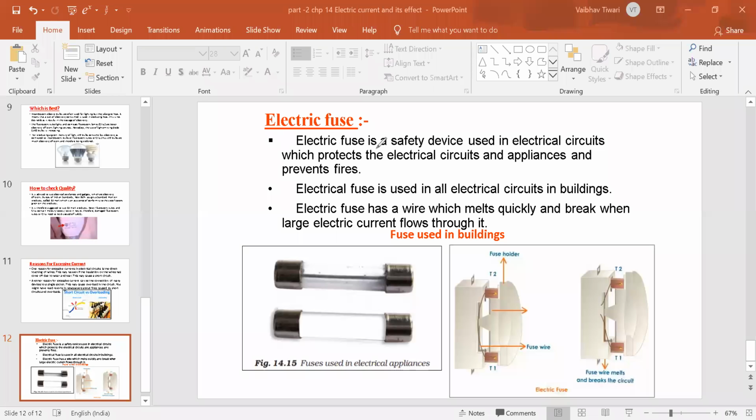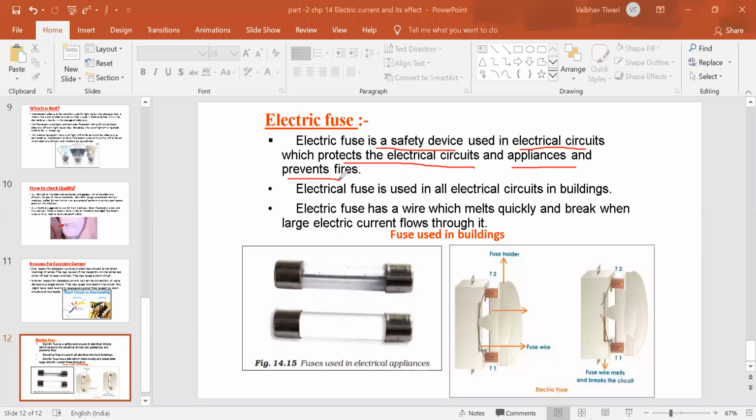Okay, so it is a safety device because it keeps the other appliances safe. It is used in electrical circuits, and it protects the circuits and the appliances and prevents fires.